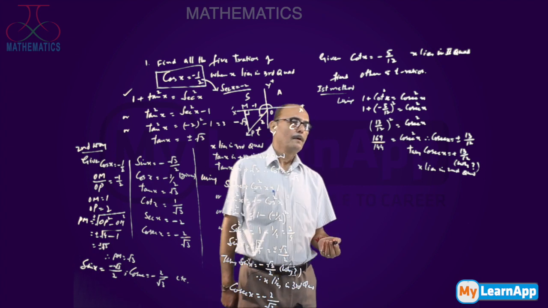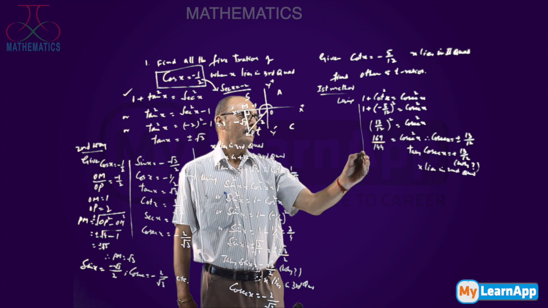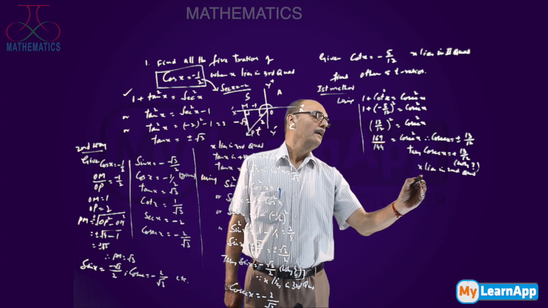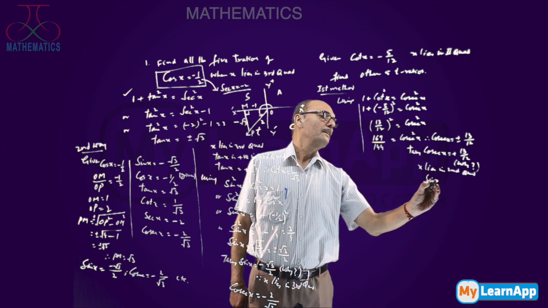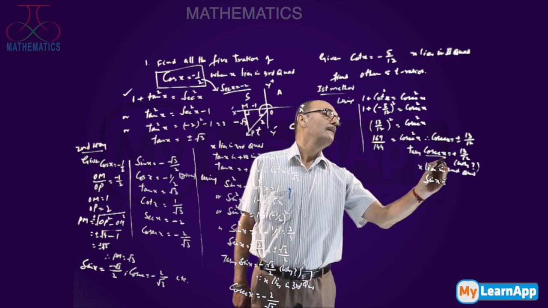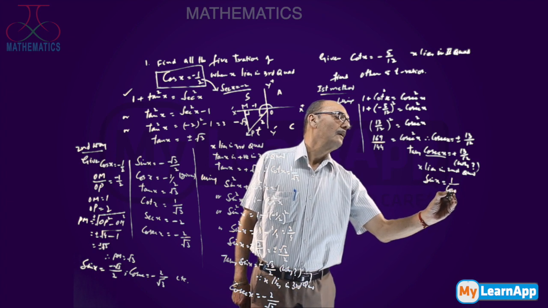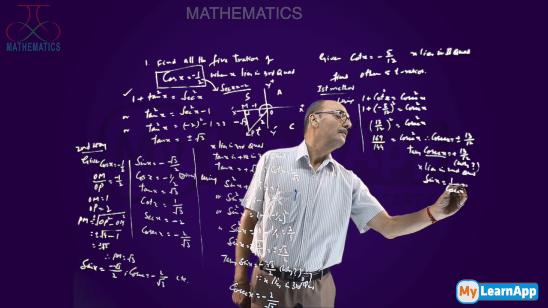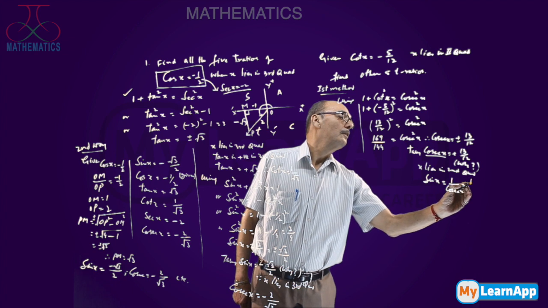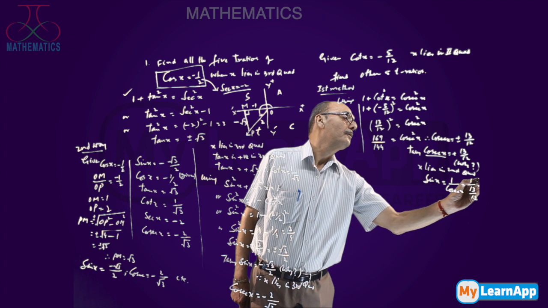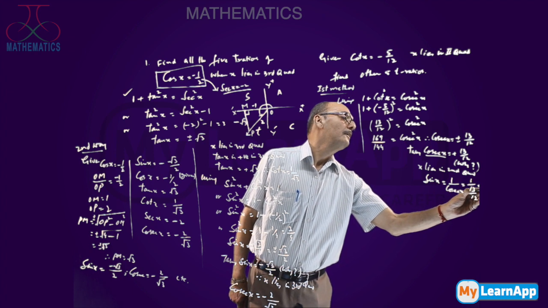So from here, we have sin x equal to the reciprocal of cosec x, 1 by cosec x. So this is 1 over 13 by 12, ultimately 12 by 13.